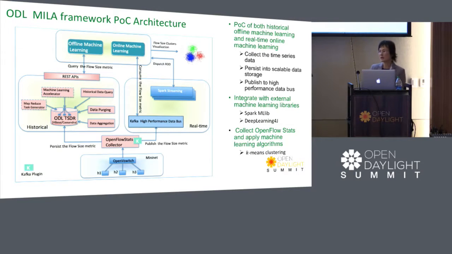Spark Streaming can process data based on the algorithm in parallel, in memory, and eventually send out the result as clusters, the categories of flow size, and visualize it. I'm going to show the first one now.